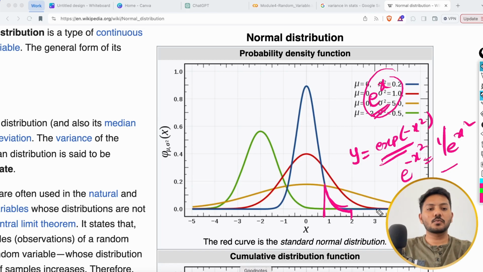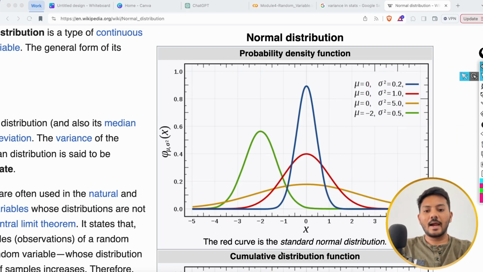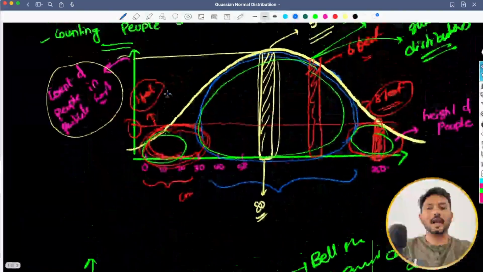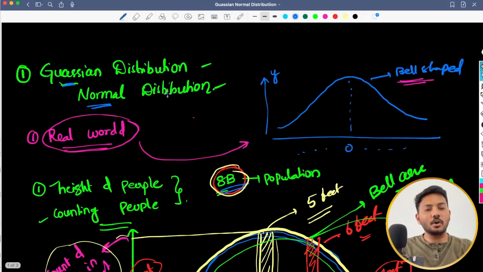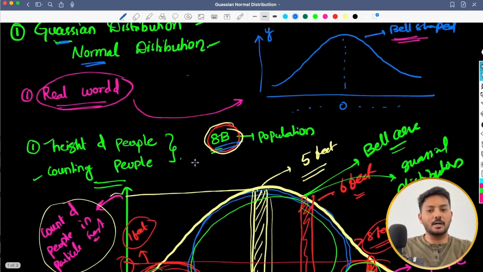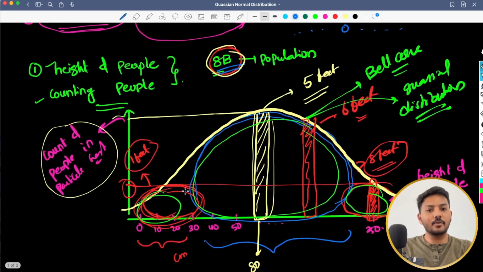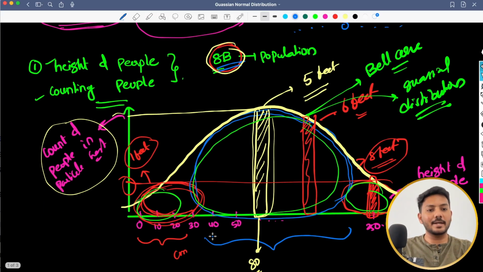So let me rephrase what we have learned so far, and then we will move forward. So we have seen what is a normal distribution, what is a bell-shaped curve, and how in the real world most of the things follow normal distribution.